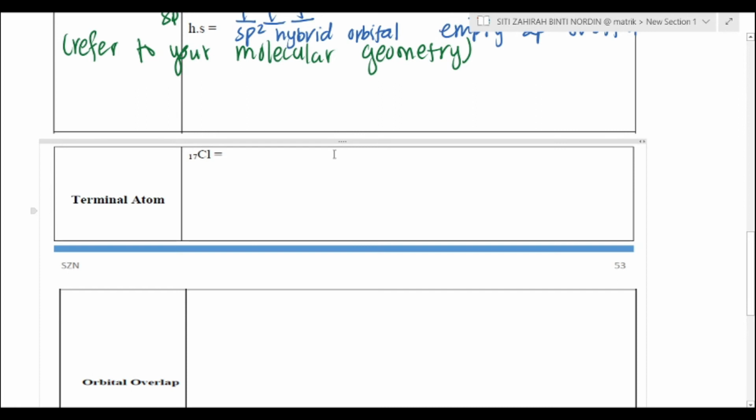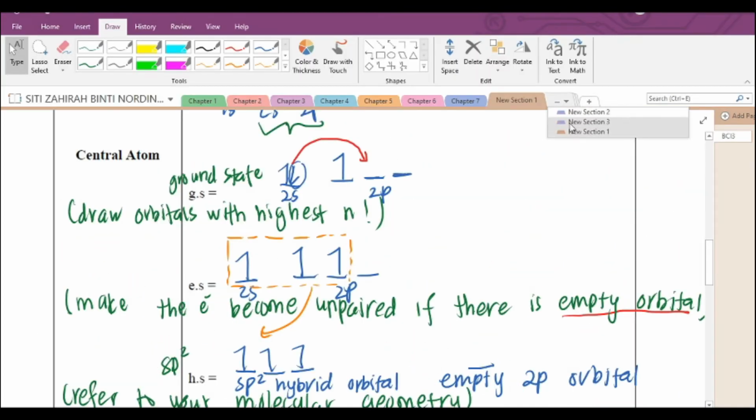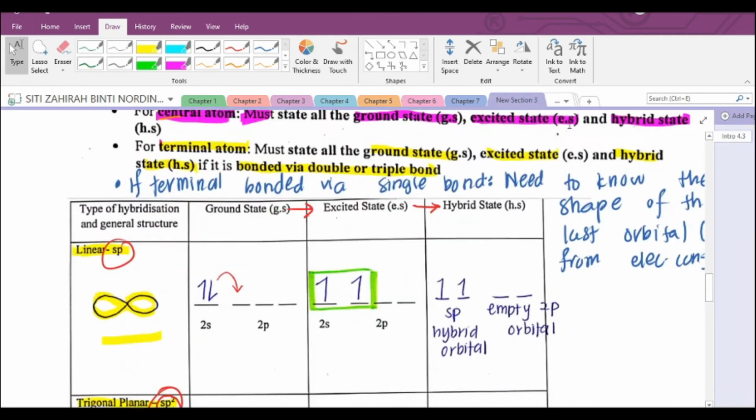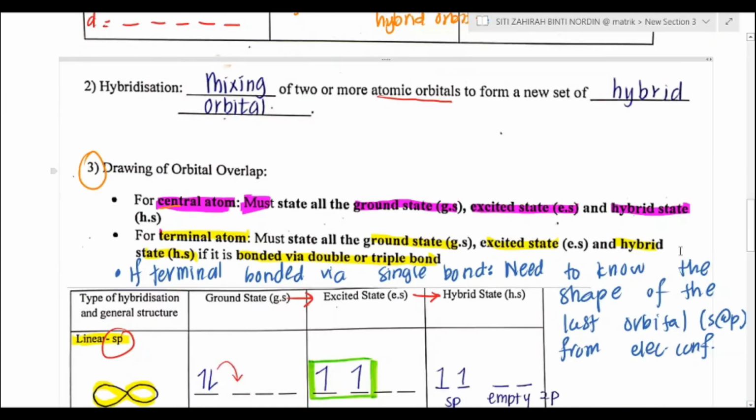For the terminal atom, check. It is bonded via single bond, so look back at the explanation. Then we just need to know the shape of the last orbital from the electronic configuration.